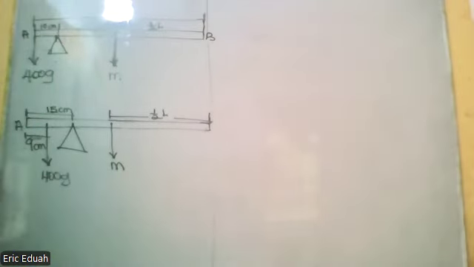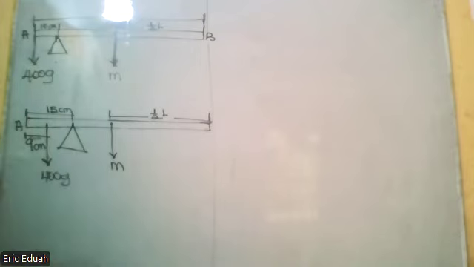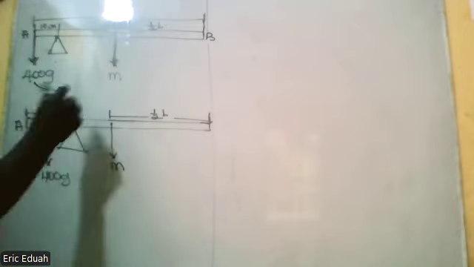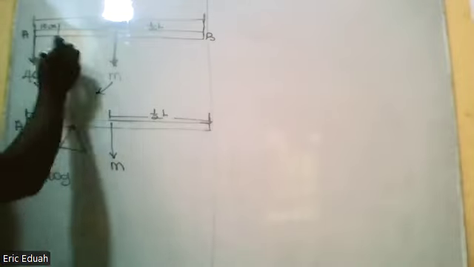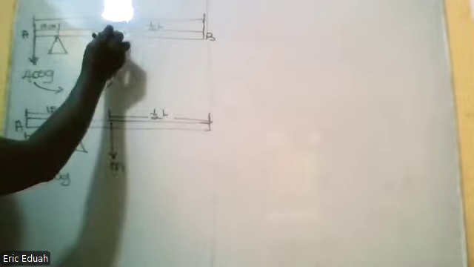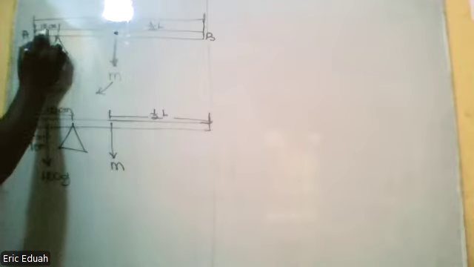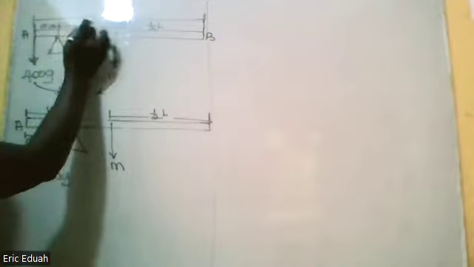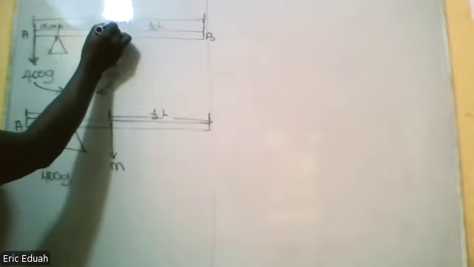So this must be the diagram. Now, because we are dealing with two different situations, we'll have two equations. The first one will give us an anti-clockwise moment, and this will also give us a clockwise moment. If from the end to where its weight acts is half of L, and this is 10 centimeters, what will be the distance from the pivot to its center of mass?